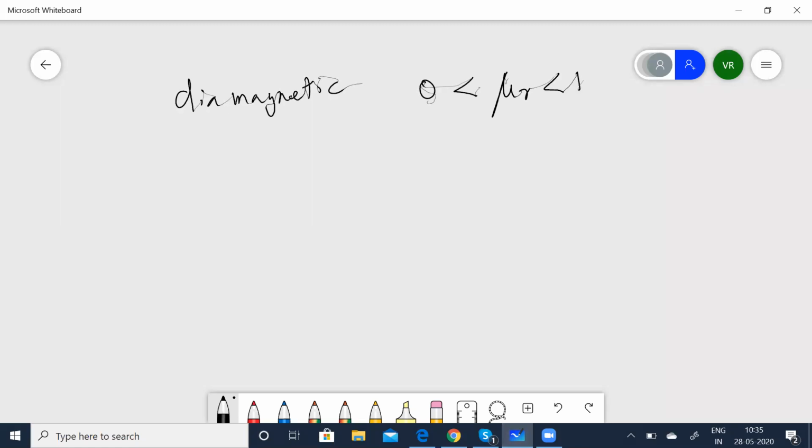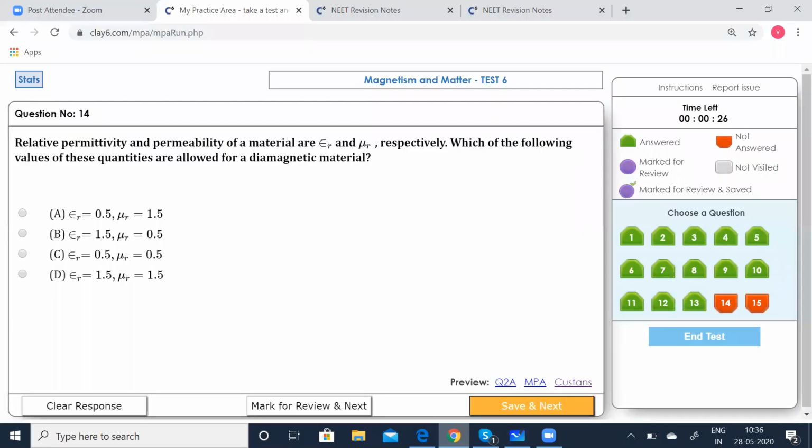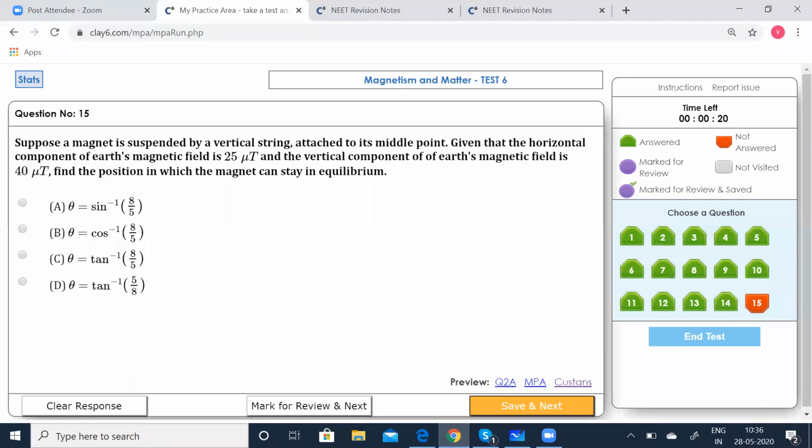And for any material, epsilon r is greater than 1. So which should be the correct option? From the two, you can see that B should be correct because epsilon r is 1.5, greater than 1. Yes. Save that. Go to the 15th one.